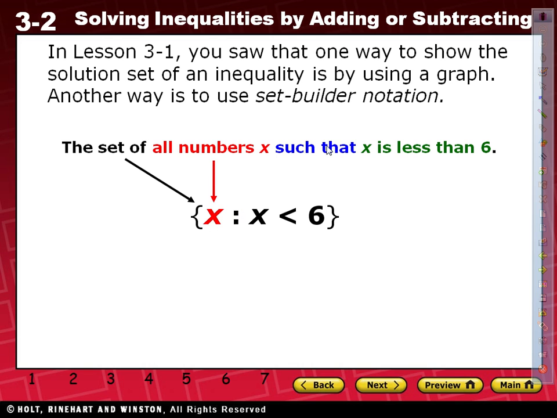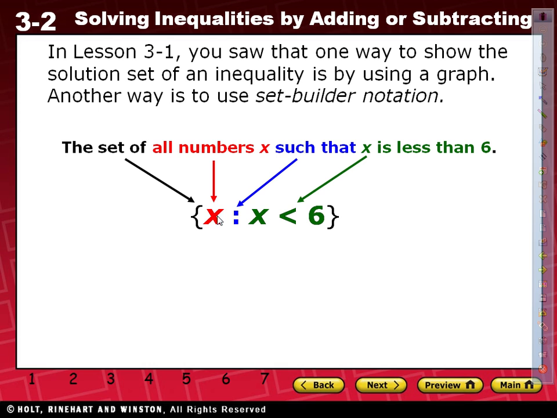The colon means "such that." The last part is pretty obvious if you read it: x is less than 6. So all the symbols together should read: the set of all numbers x such that x is less than 6. Are we there so far?